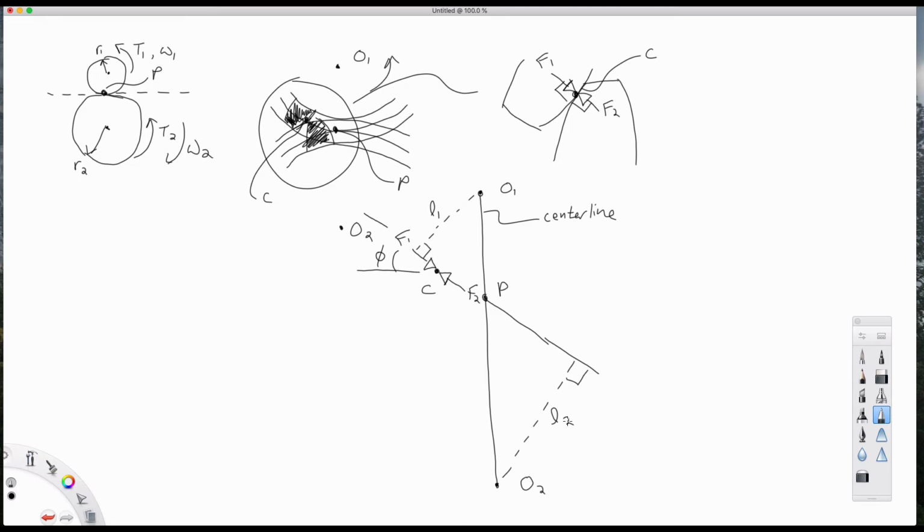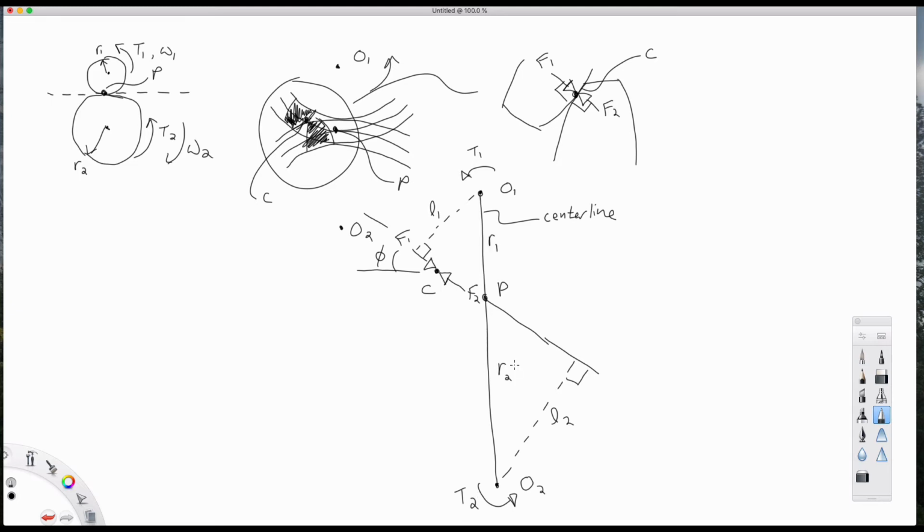In this diagram, I've labeled L1 to be the moment arm length for gear 1, and L2 to be the moment arm length for gear 2. These are the torques for each of the gears that are due to the forces at the contact point relative to the moment arms L1 and L2.